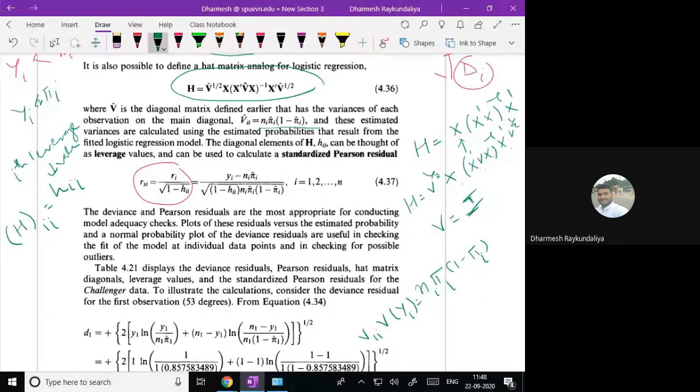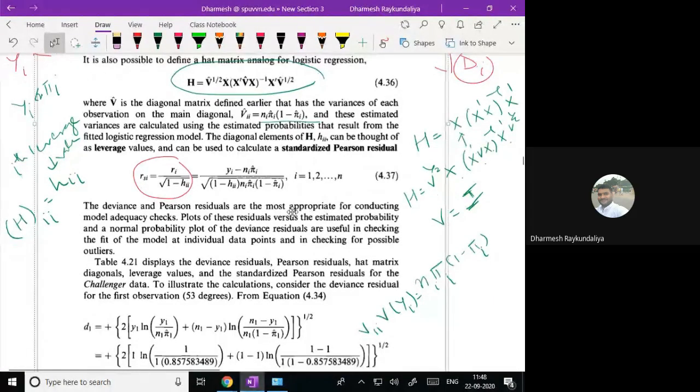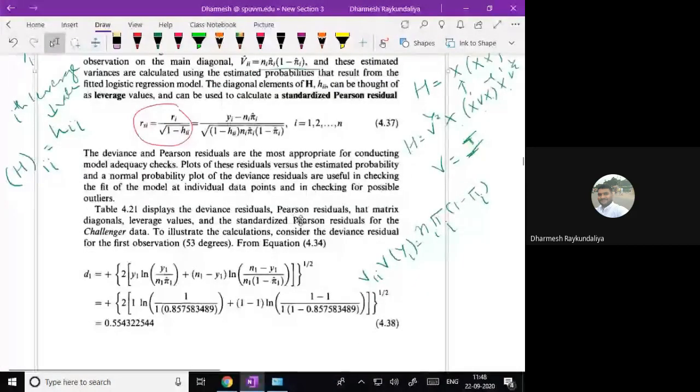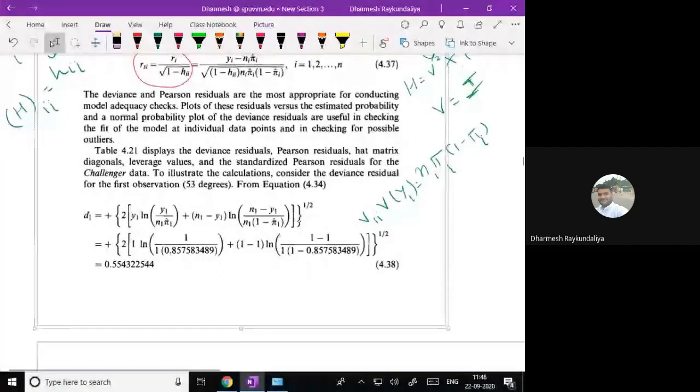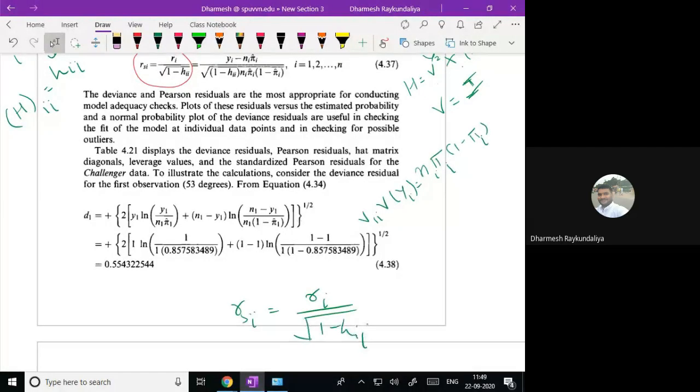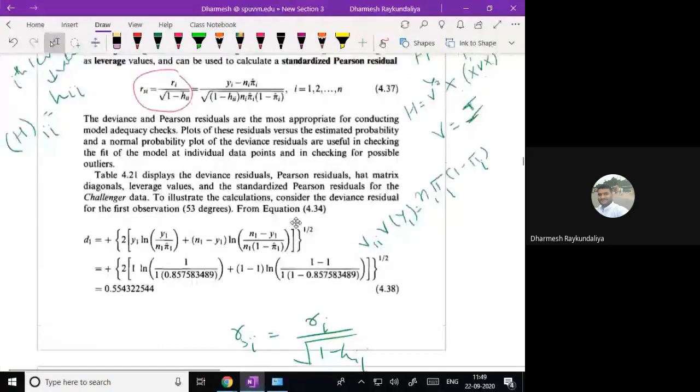If you wish to find the standardized Pearson residuals, what should be the form? The standardized Pearson residuals you can obtain by rSi equal to ri divided by square root of 1 minus hii. And what is ri? We have already taken this.